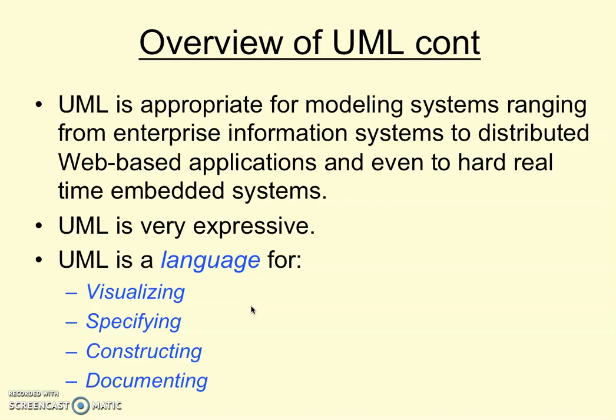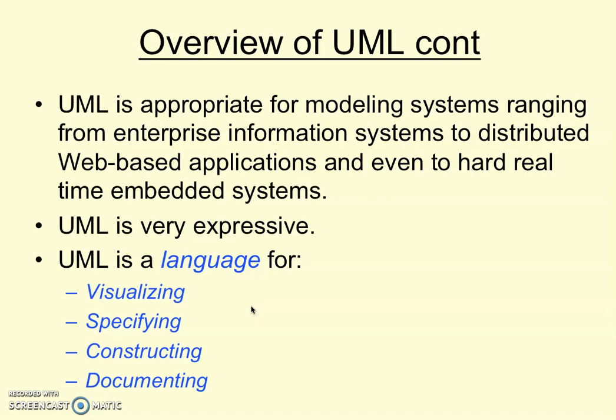You also use it for constructing your product. So when you look at some of the UML diagrams, you'll see that there are various types of diagrams that talk about the structure as well as the behavior of the system. And of course, this is all used for documenting the system.